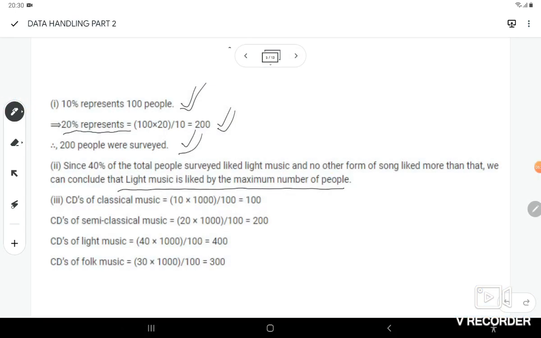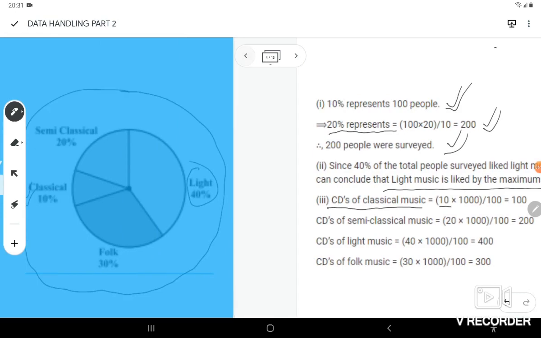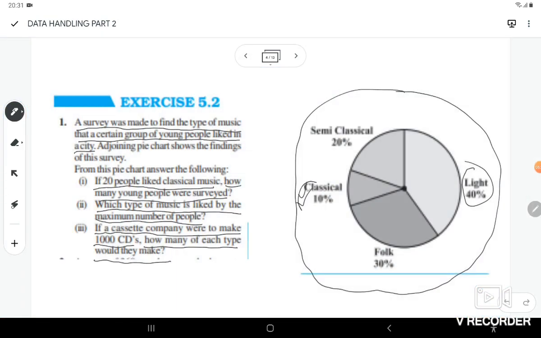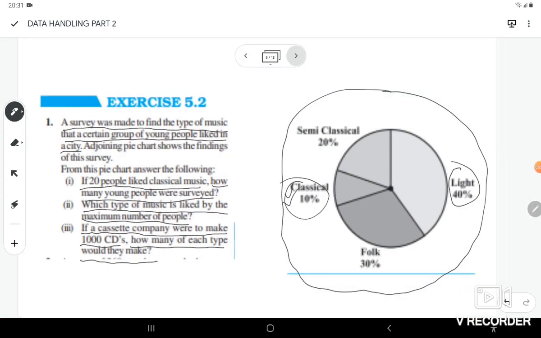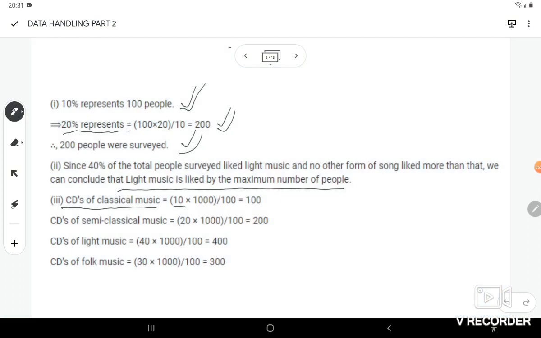CDs of classical music would be 10%, that is 10 divided by 100 multiplied by the total number of CDs of each they are going to make, which is 1000, so it gives us 100.